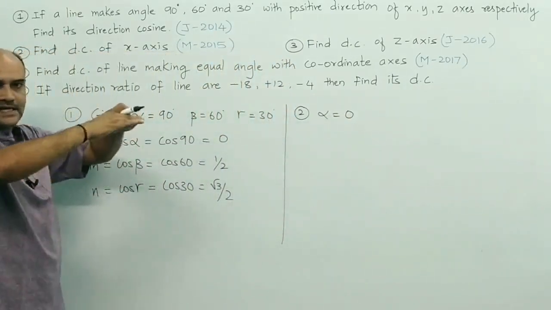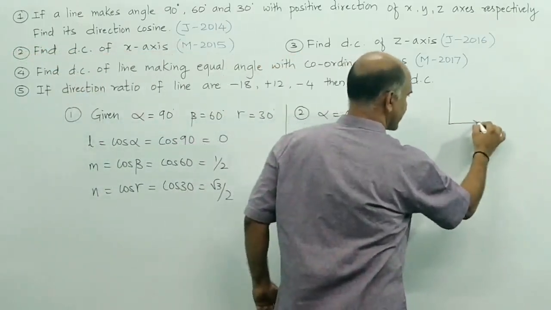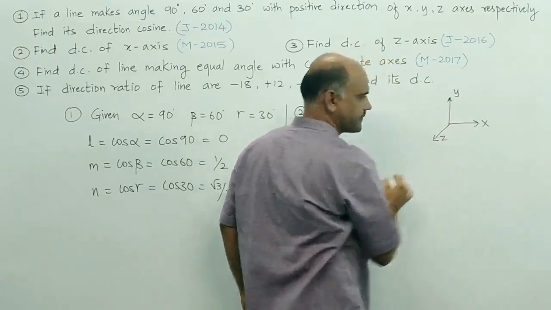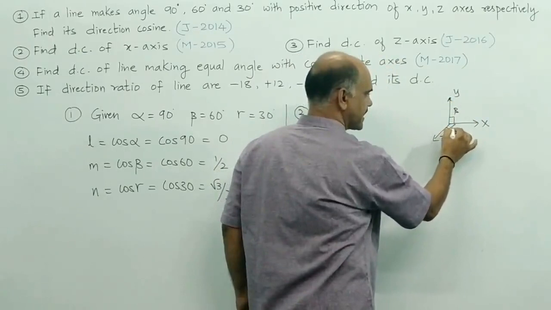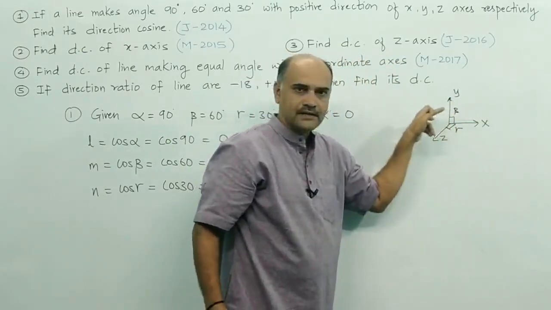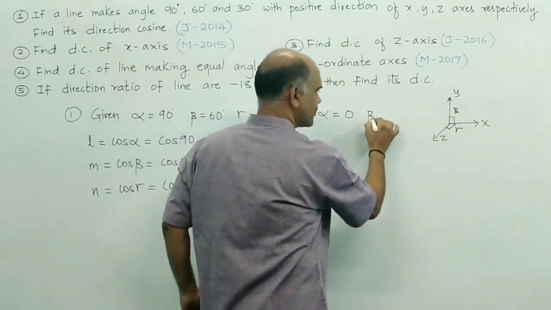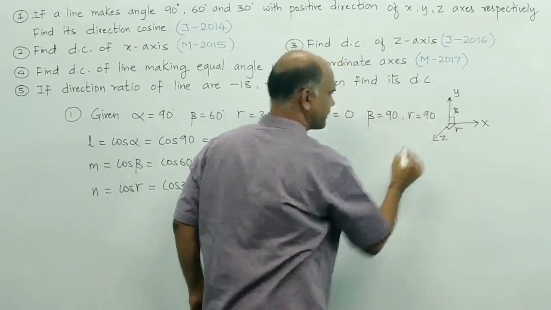Then x-axis makes an angle of 90 degree with y-axis. So this is x-axis, this is y, this I will take as z. This angle is 90, this is beta, this is 90, this is gamma. So x-axis is parallel to itself, so alpha is 0, beta is equal to 90, gamma is equal to 90.